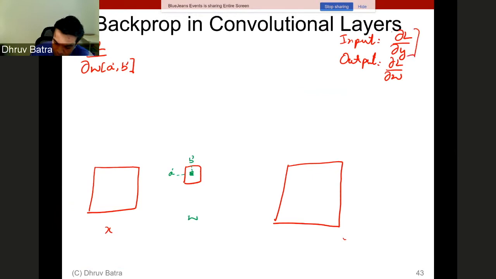If I already have this as input, all I need to think about is how does W affect Y, and how does Y affect the loss, because the input is already telling me that.